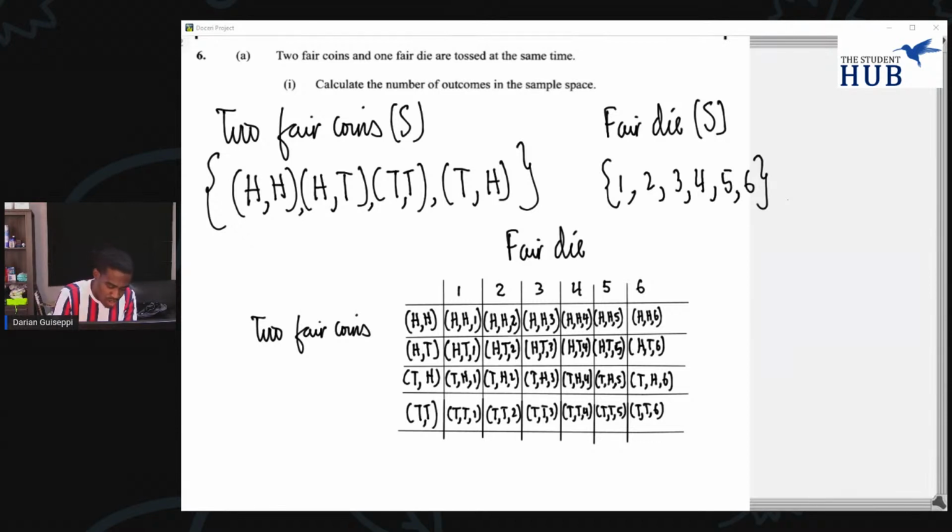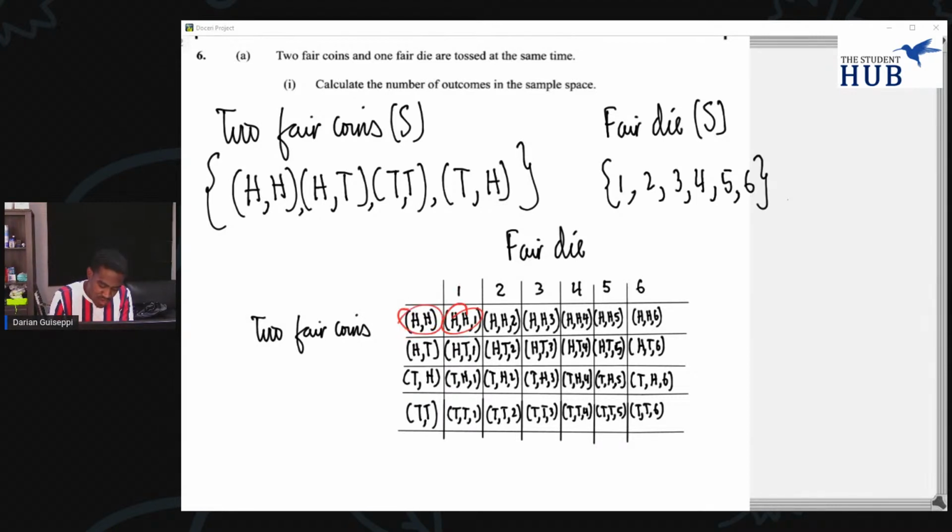Watch, these are the outcomes we have here for the fair die, outcomes 1 to 6. Then these are the 2 fair coins. Remember these outcomes here? What we're doing is combining your head and your head with 1. That's what you get here.